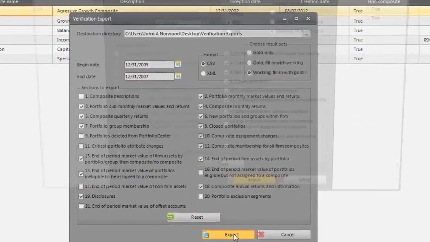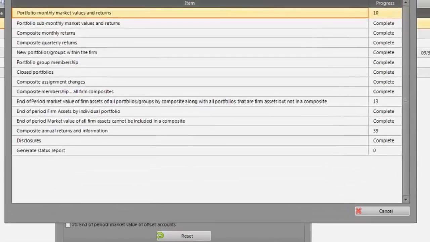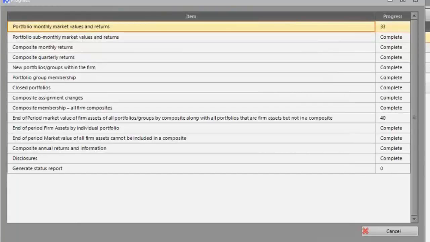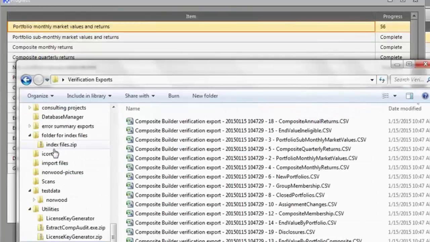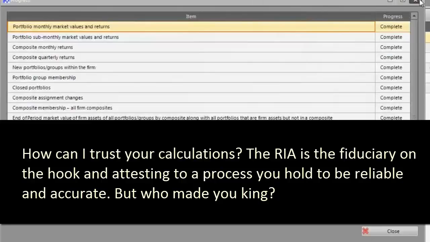You provide the date range and click the export button, and the application starts pulling together all the data that Ashland needs to see. In just a couple of minutes, everything gets generated into CSV format files, and you can zip up all these files and upload them to Ashland for their verification.